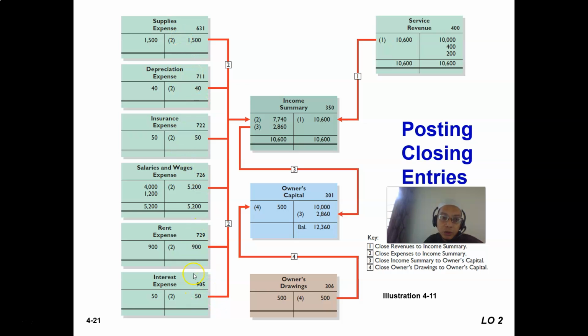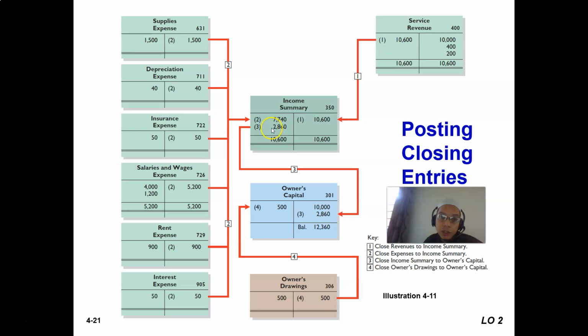We credit all of these accounts with the appropriate amounts, and we debit a total of them of 7,740. When we compare the credit side of 10,600 and the debit side of 7,740, the difference is 2,860.